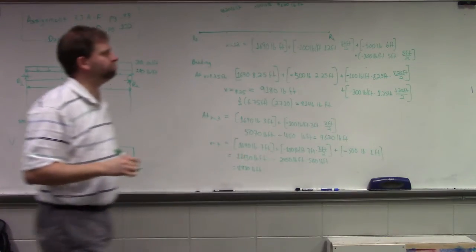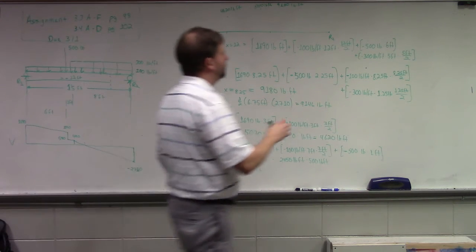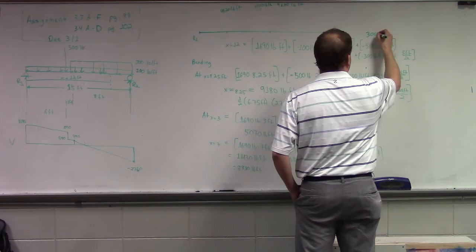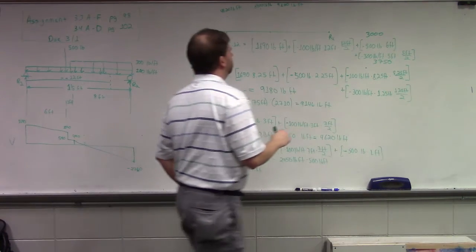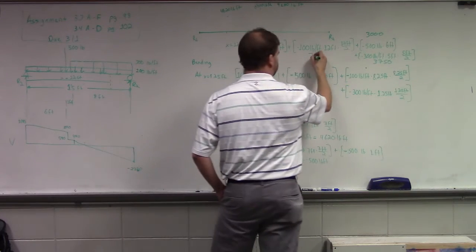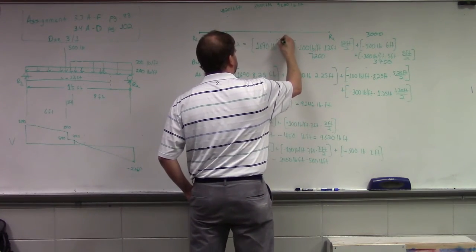Right? Oh, yeah. 3,000. 3750. 7,200. If I put 12 in there.